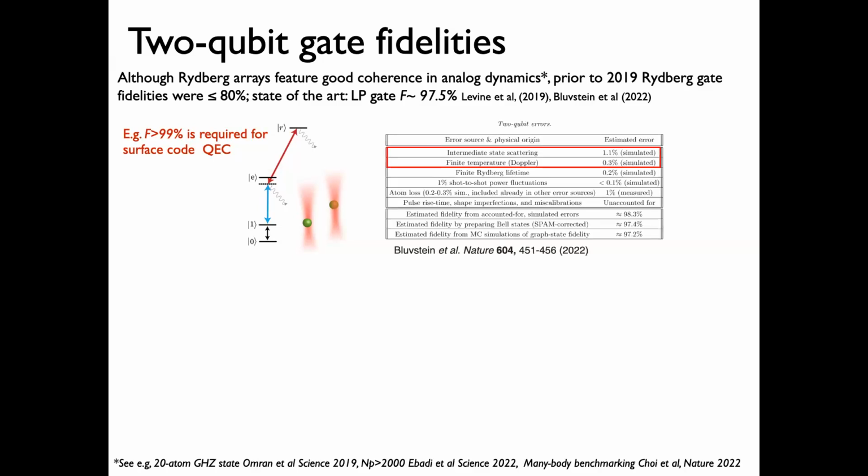Up to now, this has not been the case, but moreover, we did not quite understand where our errors come from. This is the error budget from last year's paper, and there is, for example, a one percent discrepancy. So this problem has been solved in two ways, by combining two elements.